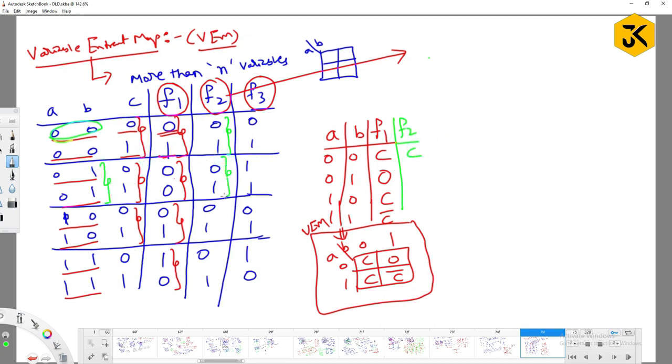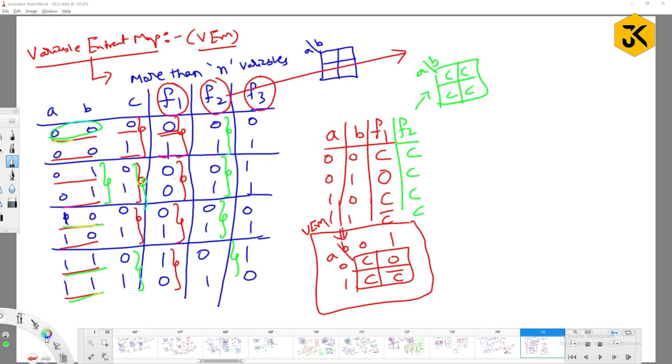Same as C. If I give the input 1 0, what is the output? Same as C. If I give the input 1 1, what is the output? 0, 1, which is the same as C only. So for this one, if you write a two variable K-map, you are going to get all C's.